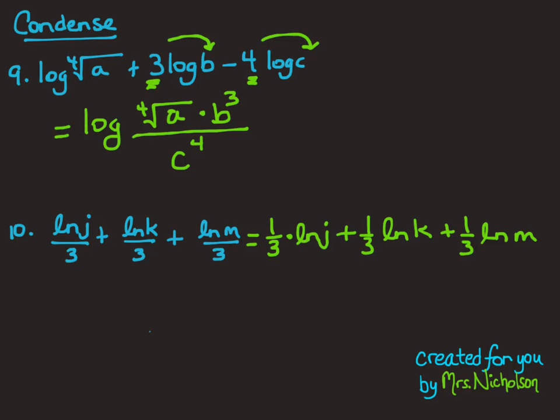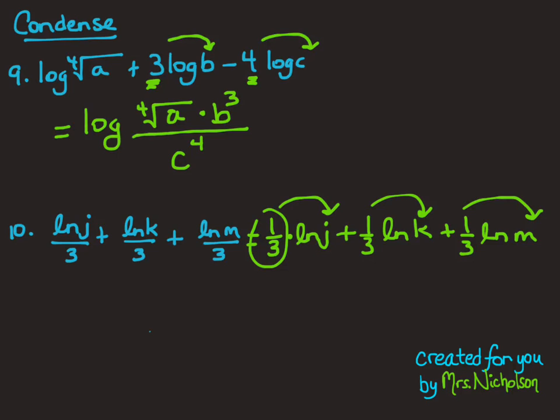And so now instead of dividing by 3, I'm writing it as a fraction in the front, and this fraction 1/3 can become an exponent on j, and likewise on k and on m. But remember, whenever we have a fraction exponent, we can rewrite that as a root.